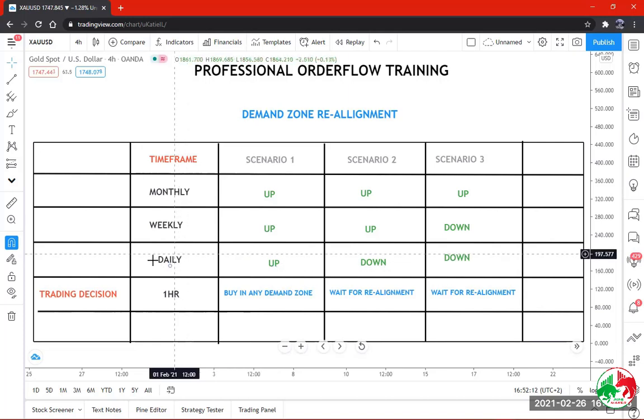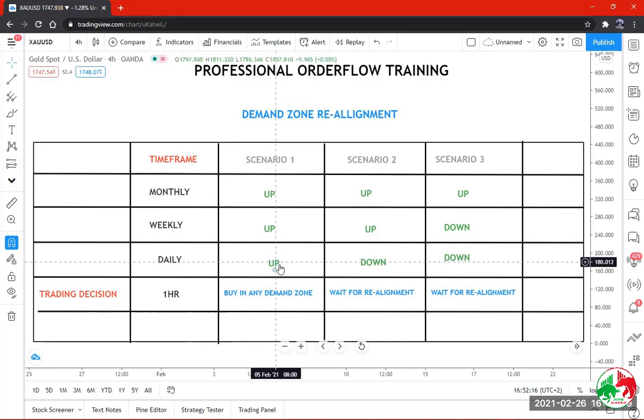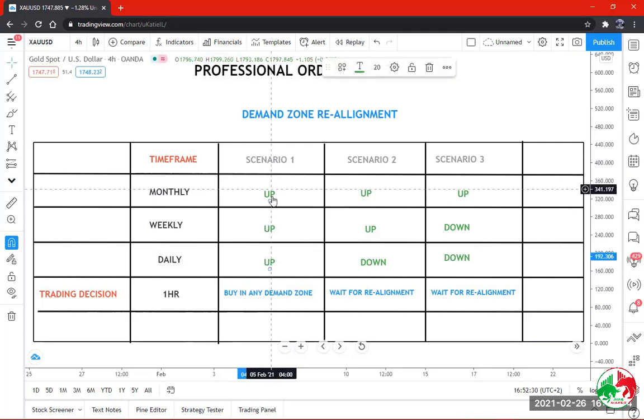So when you get to the daily time frame, your previous daily candle should be bullish also. As soon as you spot all 3 time frames bullish, it simply means your pair, whatever pair you'll be looking at, is aligned.